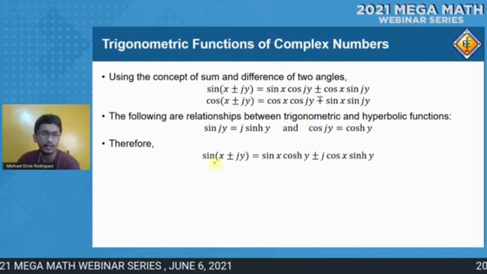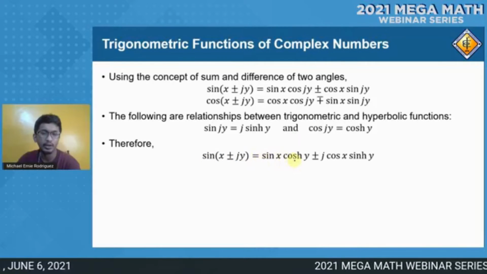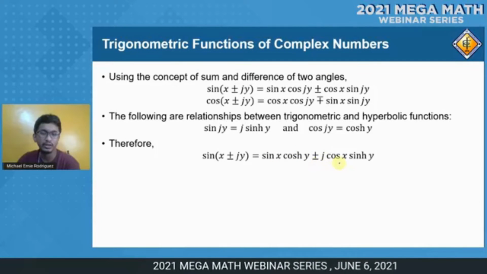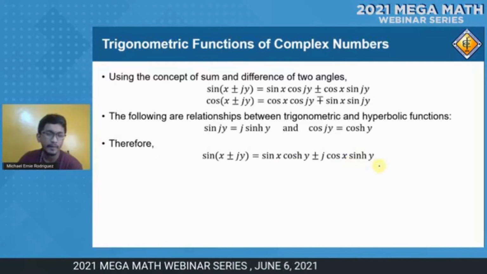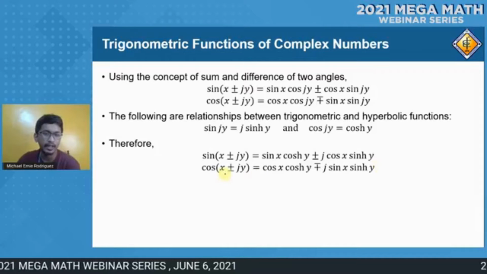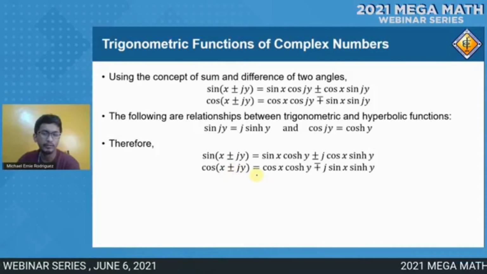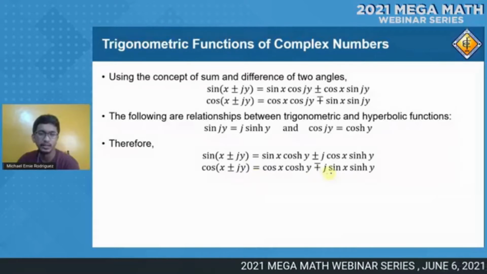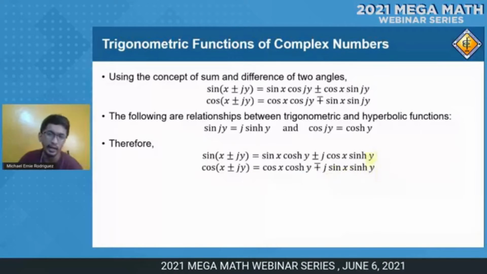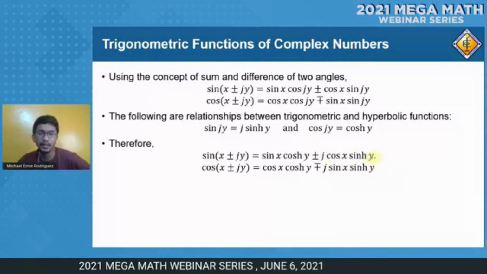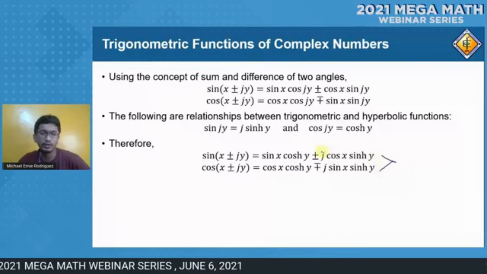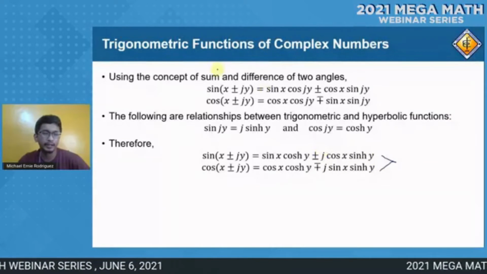Therefore, we have sin of x plus or minus jy is equal to sin x cos y plus or minus j cos x sin y. And then, cosine of x plus or minus jy, we have cos x cos y minus or plus j sin x sin y. Okay? So, these will be our equations for solving trigonometric functions.